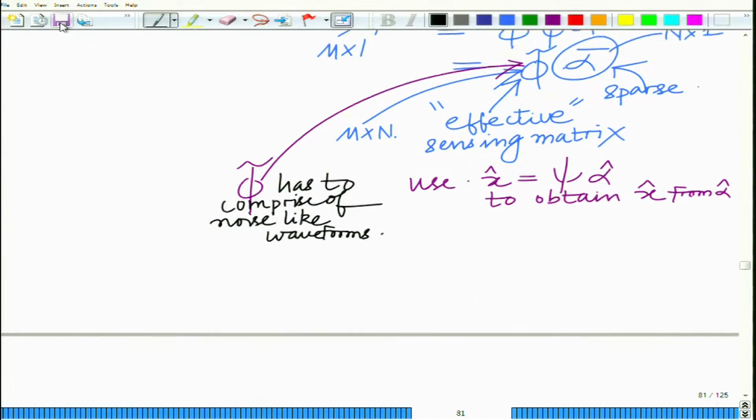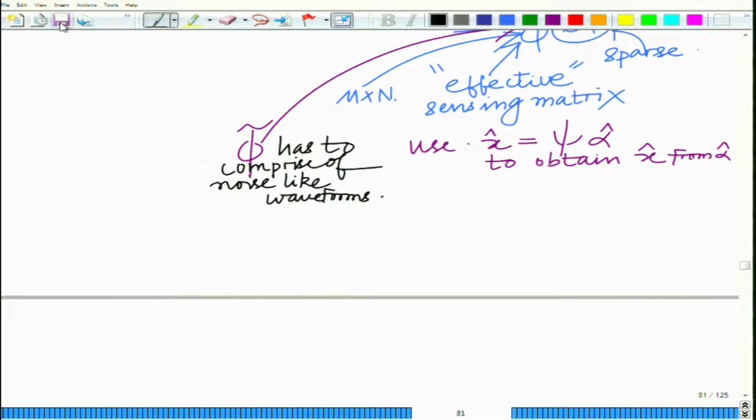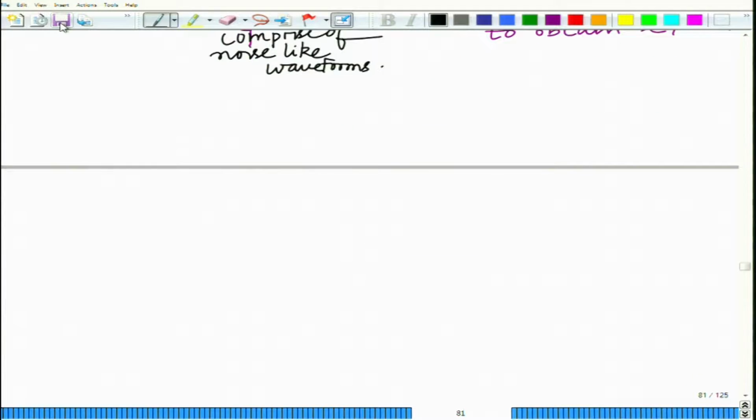Now, how to reconstruct this alpha bar or x bar? Let us assume that x bar is sparse and phi contains noise like waveforms. Now, the question that we want to ask is how to reconstruct x bar?